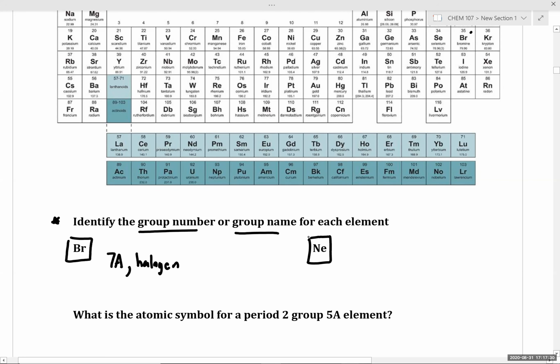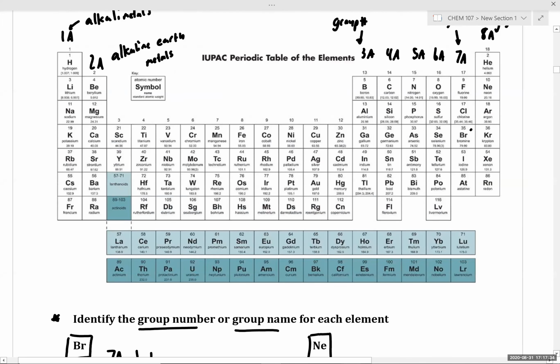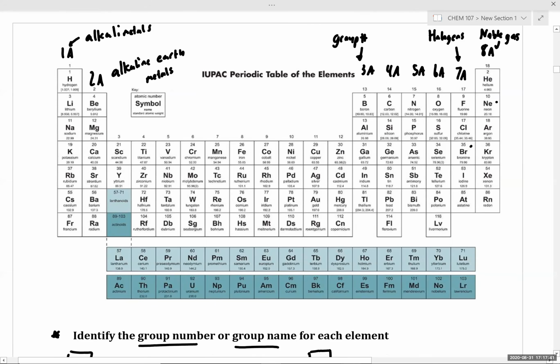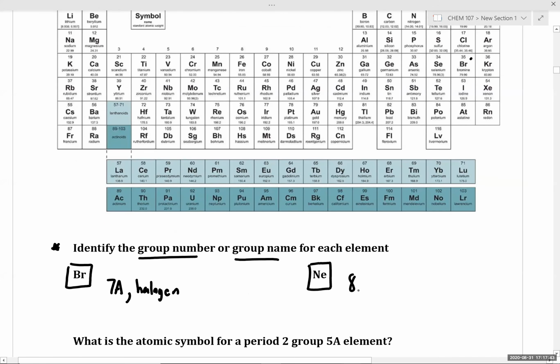Likewise, for neon, I go and find neon. It's in group 8A, and we call group 8A elements noble gases. So we've identified our group number and our group name for each of these 2 elements.